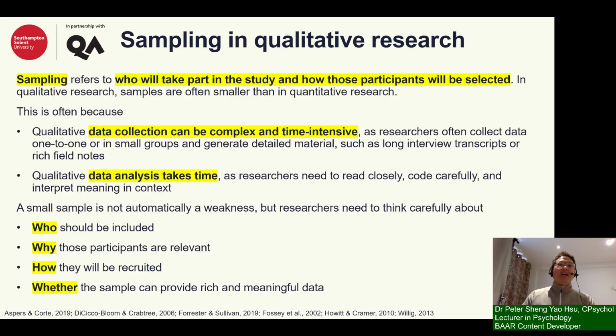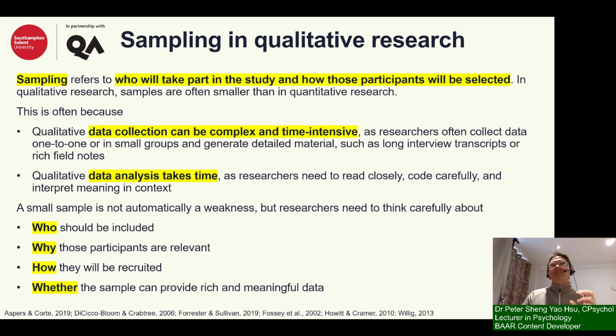Qualitative data collection can be complex and time intensive. For example, one interview may last 45 minutes or an hour. After that, the researchers may need to transcribe the interview, read it several times, code it carefully, and interpret the meaning in context.